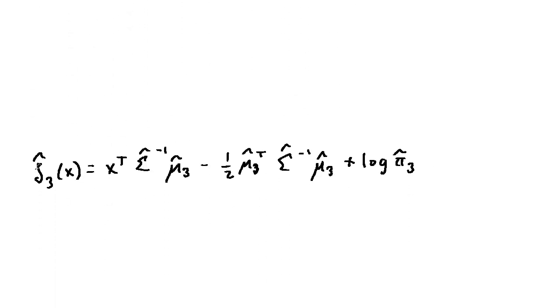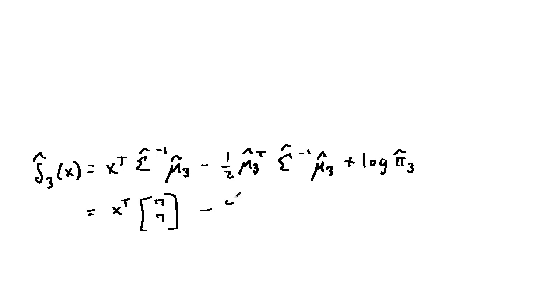Delta 3 hat of x is this. Same thing, except we have mu 3 and pi 3. For this we get 7 and 7.